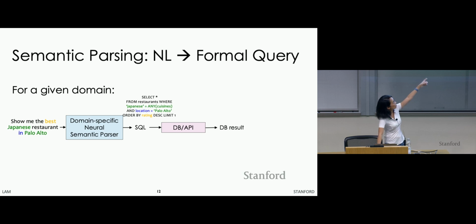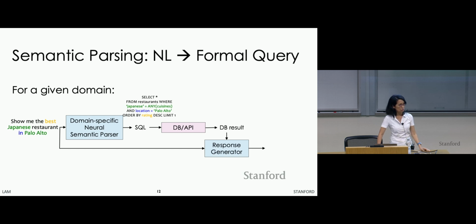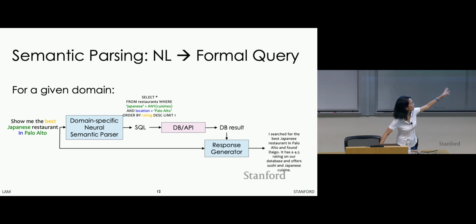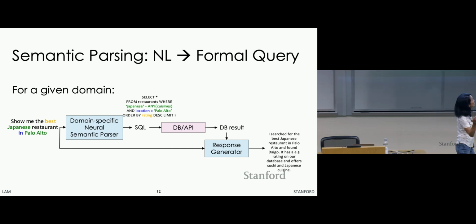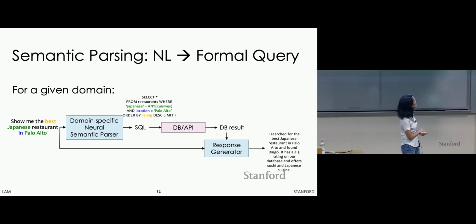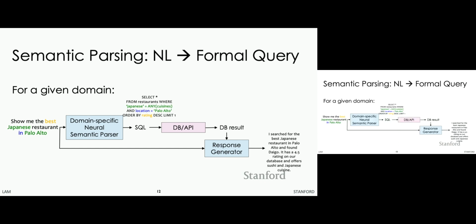And once I get the query, I use this to access the database, and I get the result, and then I give the answer to the response generator, and it provides something like, "I searched for the best Japanese restaurant in Palo Alto and found Daigo. It has a 4.5 rating on our database and offers sushi and Japanese cuisine." Okay?